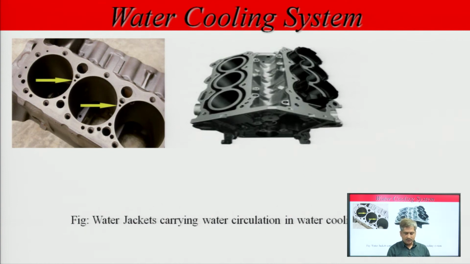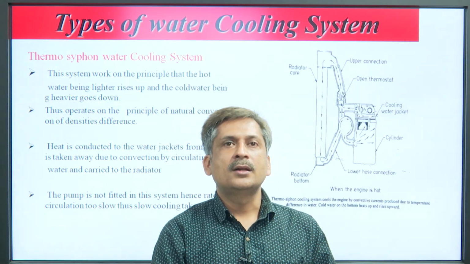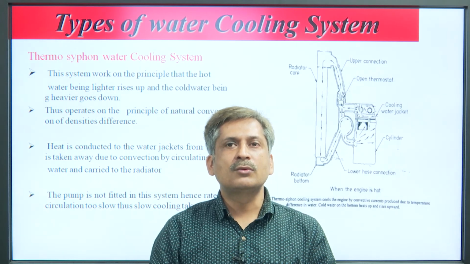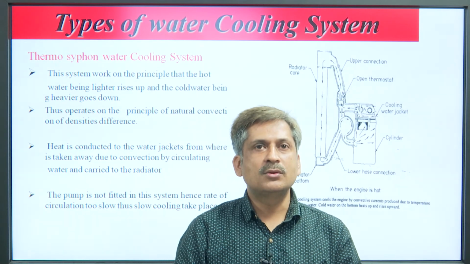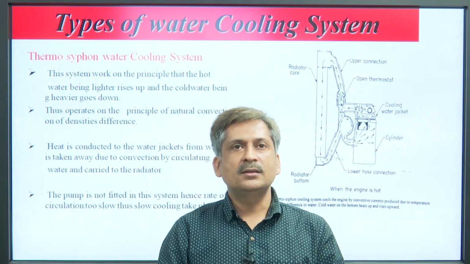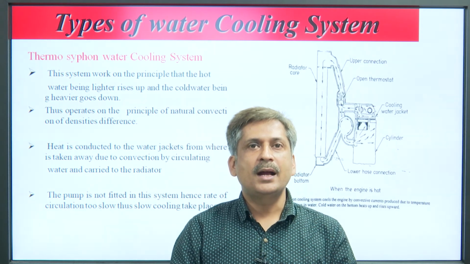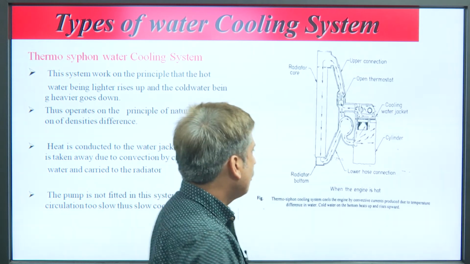This is the water cooling system design, showing how the water jackets are formed. The first type is the thermosiphon water cooling system. This system works on the principle that hot water, being lighter, rises up and cold water, being heavier, goes down.